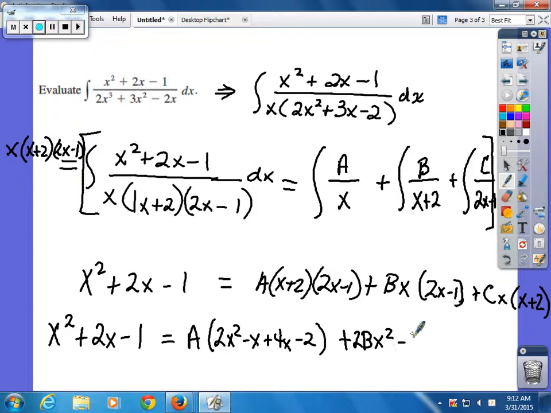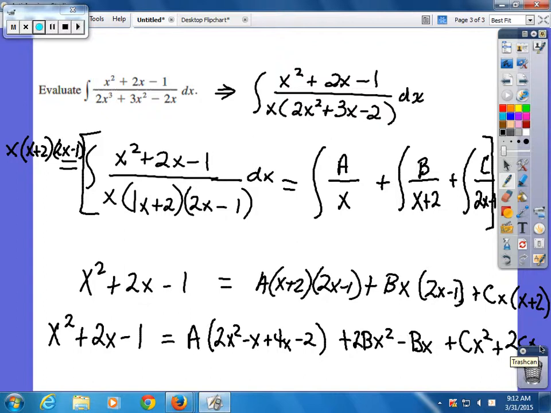Bx. And then what is this? Cx squared plus 2c. And then we need to simplify what? I got 2cx down there. 2cx, is that what you're talking about?